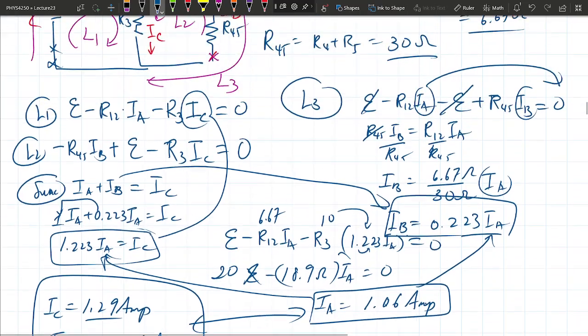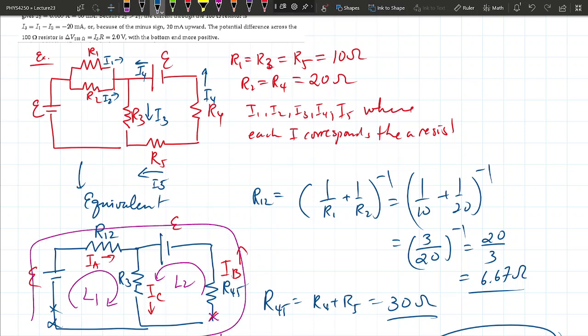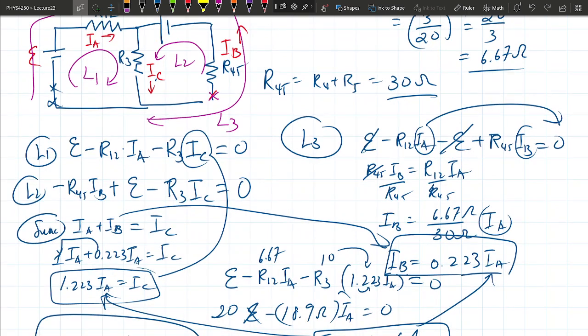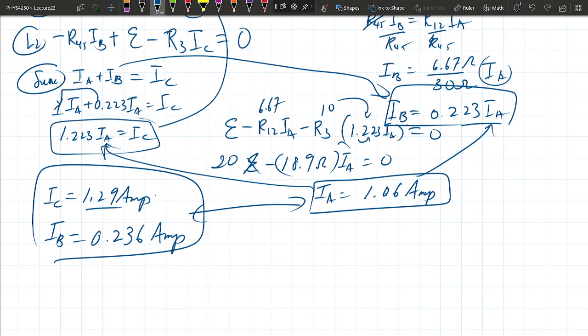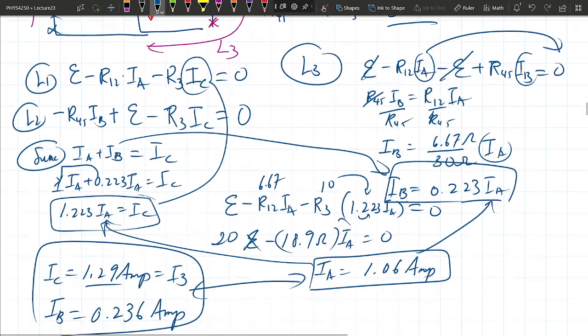What we actually want is the current through each of the resistors, not the total, not the combined ones. We got I3 actually. I3 is basically IC. So that's checked. That's I3. What about IB? What's that equal to?